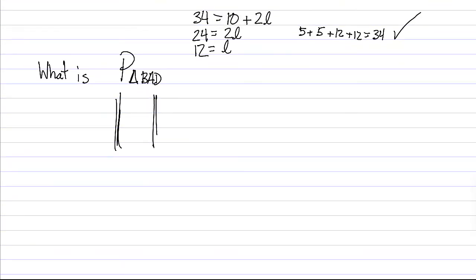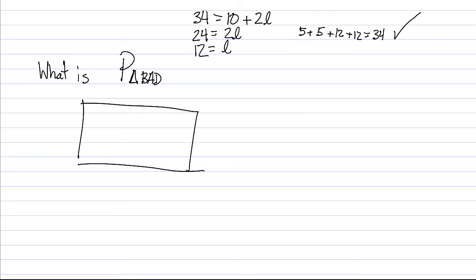Remember, we've got ABD, and we're just going to show it in green. This is the triangle we're looking for. We know that this is 5, we know that this is 12, and the question here is, what is the side?